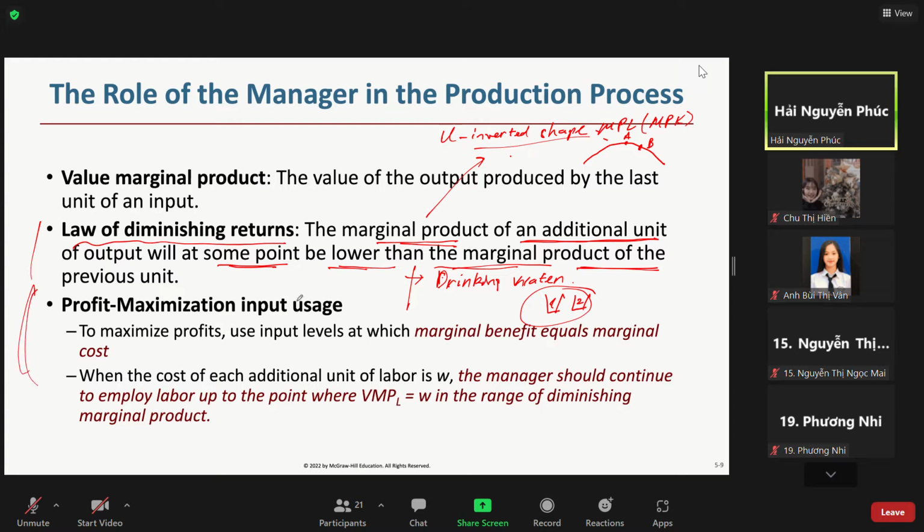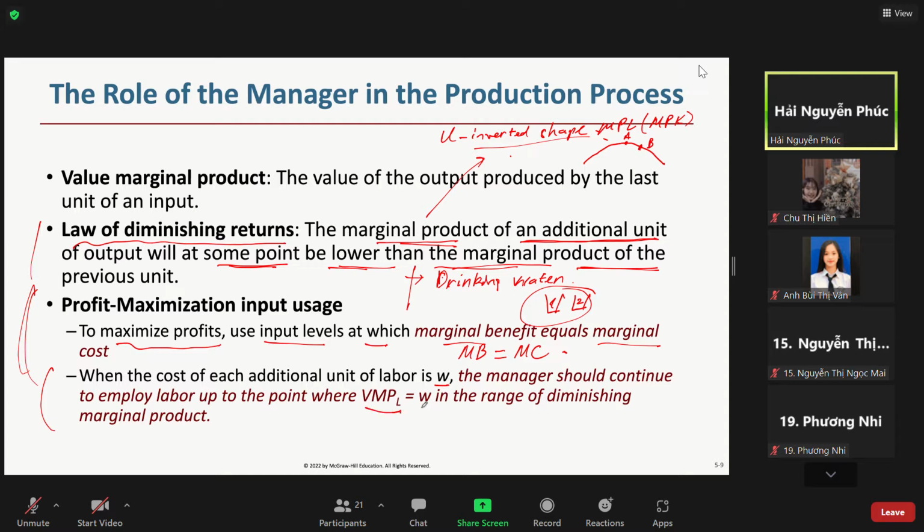The profit maximization input rule tells us that to maximize profit for the company, the manager should use the level of input at which the marginal benefit equals the marginal cost. I have told you about this point: we should make decisions when MB equals MC. If the marginal cost of labor is W, the wage, then the marginal benefit is VMPL.